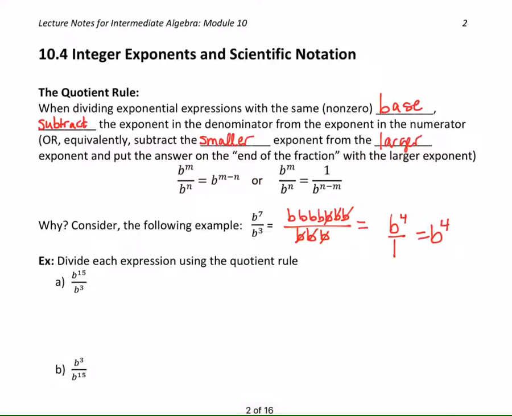So notice I took the larger minus the smaller. If this had been upside down, like problem B down below, you'll see you just leave it on the end with the larger number. So what's b to the 15th over b to the third? B to the 12. 15 minus 3, 12, and it's on top. And if it's on top, I don't have to write anything on bottom.